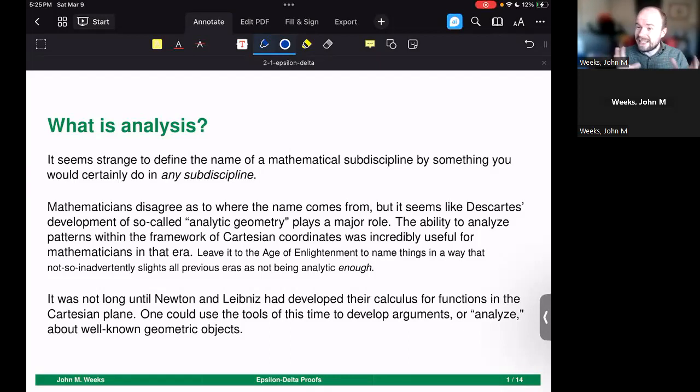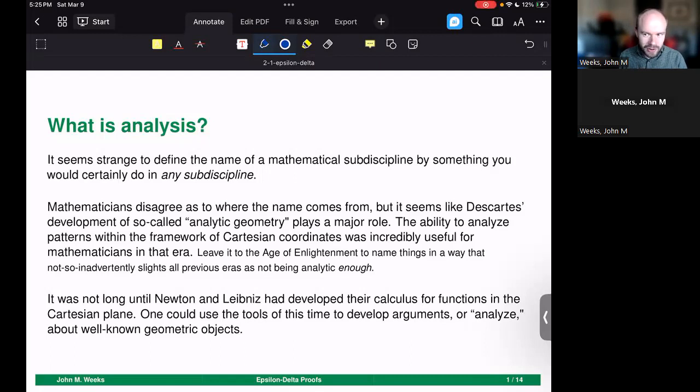That's a different concept, but something that can translate immediately into this world of the abstract. So this is exactly where calculus was born, onto this plane. And so now we can say that we are developing arguments based off of our Cartesian plane. We are analyzing well-known geometric objects with respect to how this Cartesian plane works. So that's a little bit of where analysis might be named from.